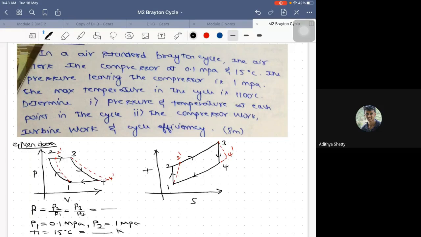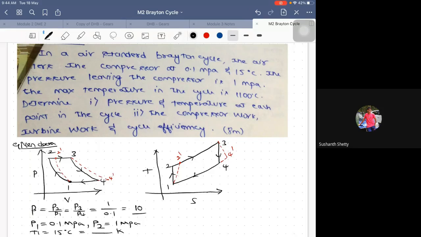Just substitute here. P2 is 1 megapascal, whereas P1 is 0.1 megapascal. So what is the value of pressure ratio? 10, sir, 10.